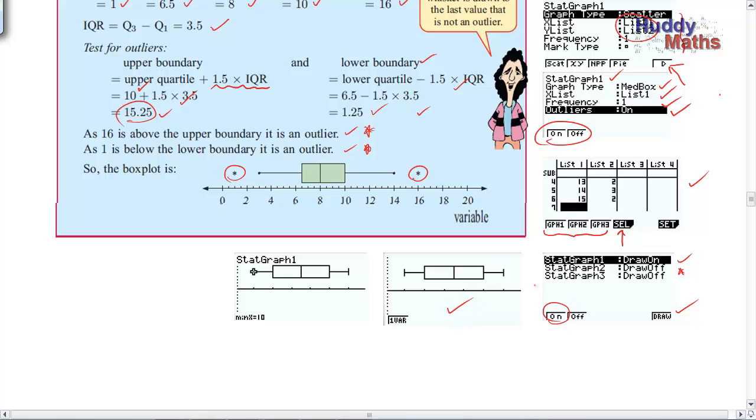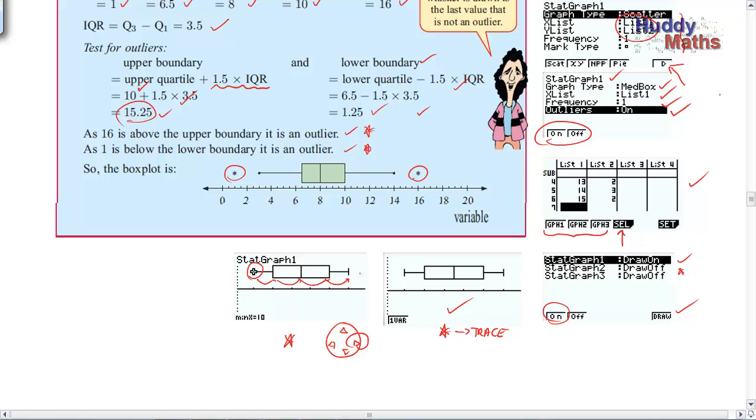Now I want to show you a little trick here. If you do Shift F1 from this window, which is trace, have a look at what happens. It pops on here, and we can use the arrow button. Okay, we can use this button and pop across, and you can get your 5-number summary from there.